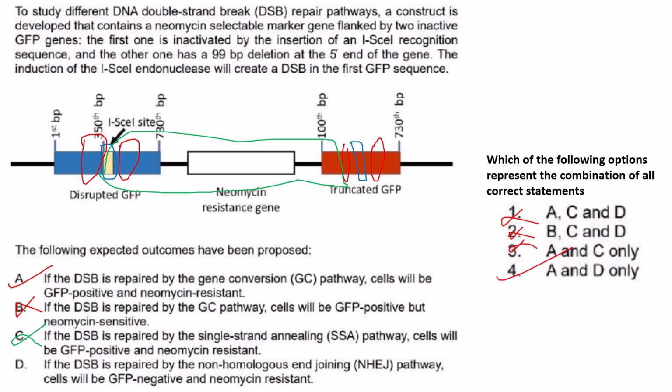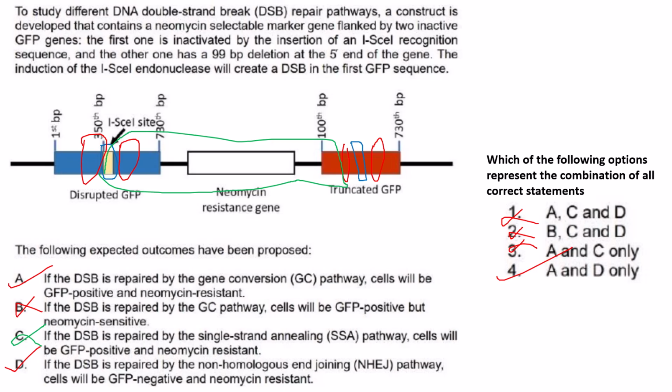Okay, what is it that they are telling in D? If double-stranded break is repaired by non-homologous end joining pathway, it is an error-prone pathway. Cells will be GFP negative. Of course, that is correct. And neomycin resistant. Yes, that is correct. So D is the answer.